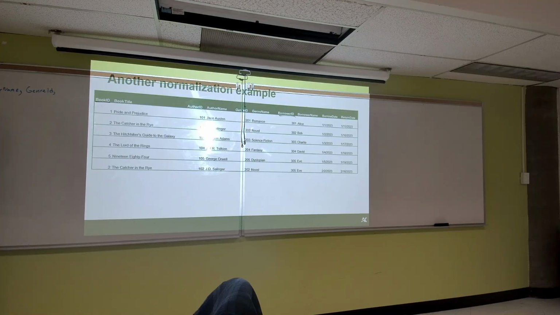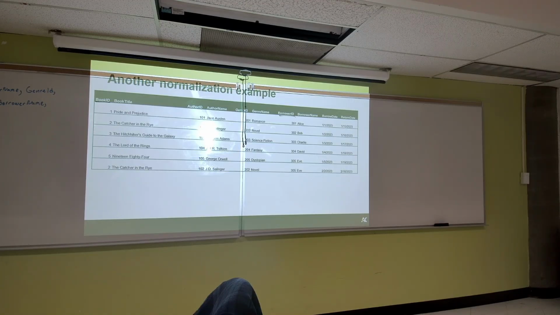Borrower ID, which we've said already. Borrower name. We're almost done. Borrow date. Return date. Great. So this is the text version of that.